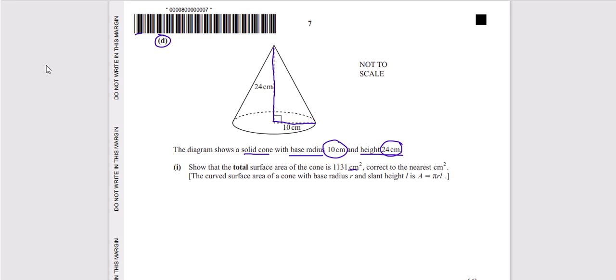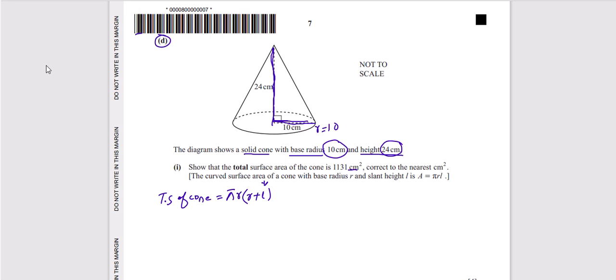The formula of total surface area of cone is equal to pi r into r plus L. What is r? R is the radius, so r is equal to 10. What is L? L is the slant length. So we calculate length first.